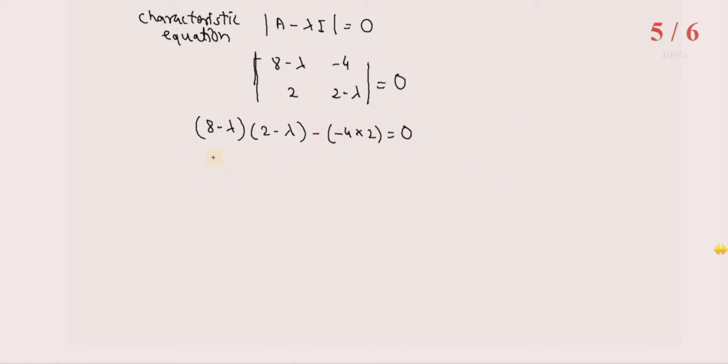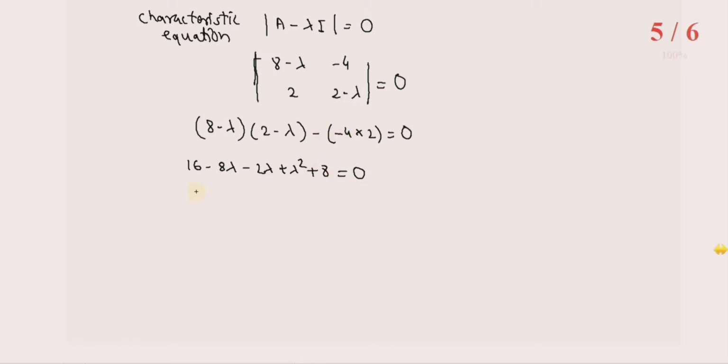So here we are getting 8 into 2, that is 16, then 8 into minus lambda, that is minus 8 lambda, then minus lambda into 2, that is minus 2 lambda, and minus lambda into minus lambda, we are getting plus lambda square, then minus 4 into 2 is minus 8, and minus 8 into minus, that gives plus 8.